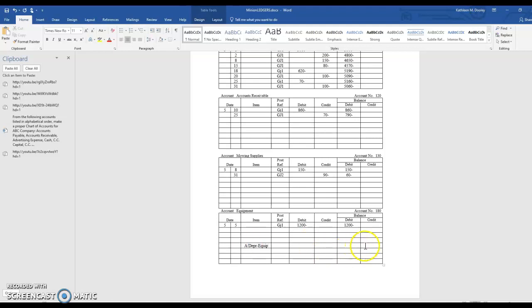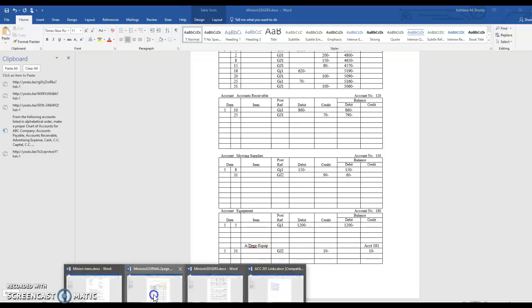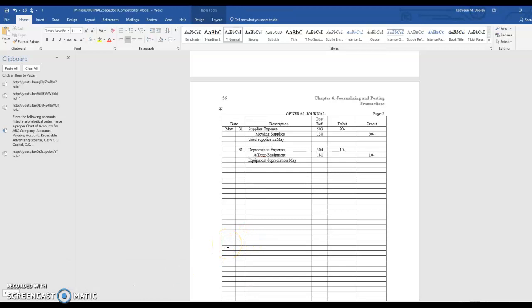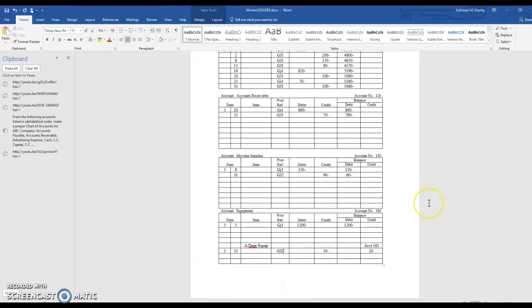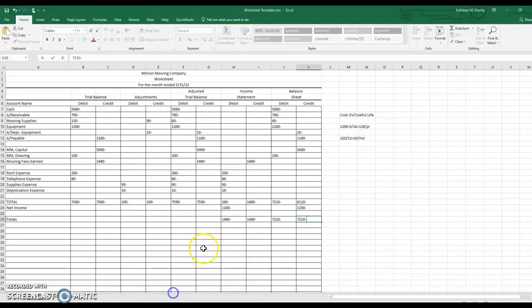And that's going to be account 181. Okay, that was a credit of 10, so we have a balance of 10 credit. And that was from GJ2. That's account 181.